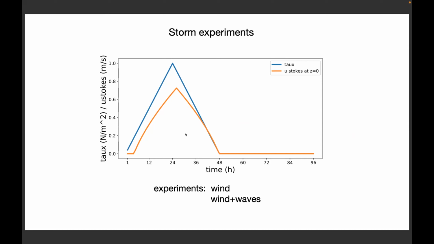But we allow for a small delay, which corresponds to some wave growth. The small delay is 4 hours until it catches up with the wind. The orange line is the surface Stokes drift. And we have 2 experiments, just the waves, and 1 experiment where we force with wind and waves.